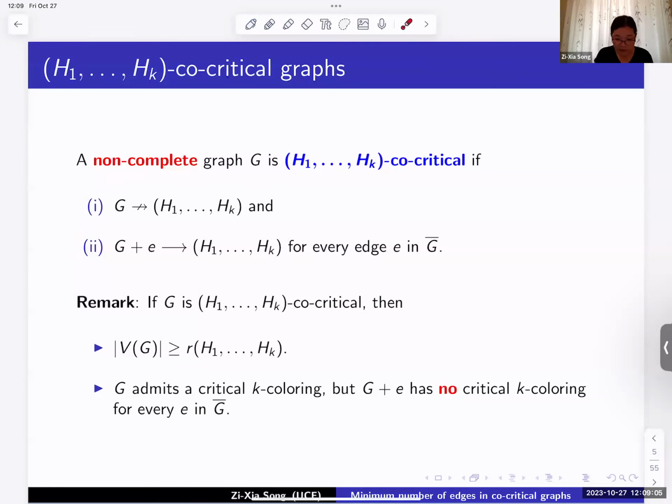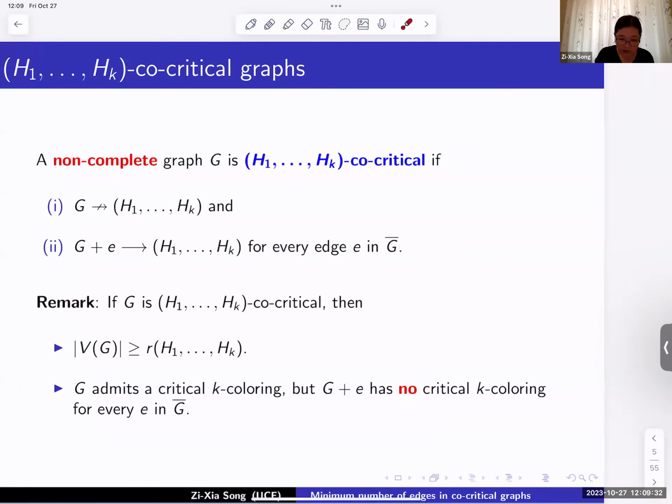Now if G is H1 through HK co-critical, one thing we can tell is the number of vertices in G has to be at least the Ramsey number. And G itself has a critical K coloring, but if you add any missing edge to G, you no longer have one. So this is the basic definition here.